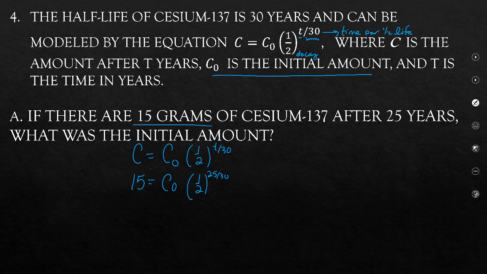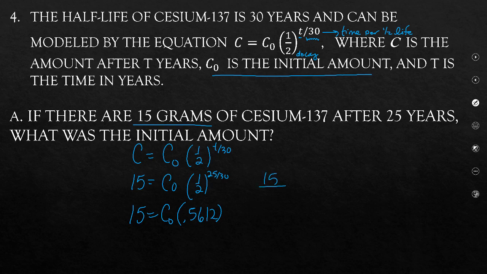I'm going to finish this. So we are going to simplify 1/2 to the power of 25 divided by 30. It's going to look really weird. So 15 equals the initial amount multiplied by 0.5612, and then you would divide through by that.